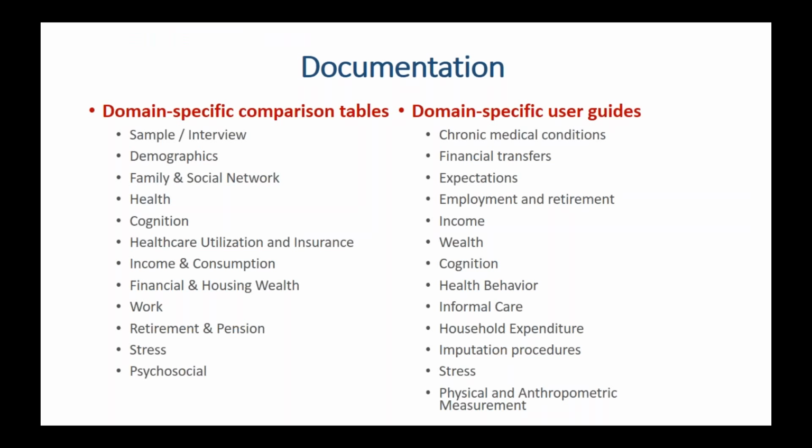And these are really in-depth user guides that are written by researchers in this field, and they go through every question that's asked. They highlight those differences in the questions that are asked, and they suggest how different researchers deal with these differences. So these are really helpful, but much more in depth than the comparison tables. I would say start with your comparison tables and then look at the user guides.